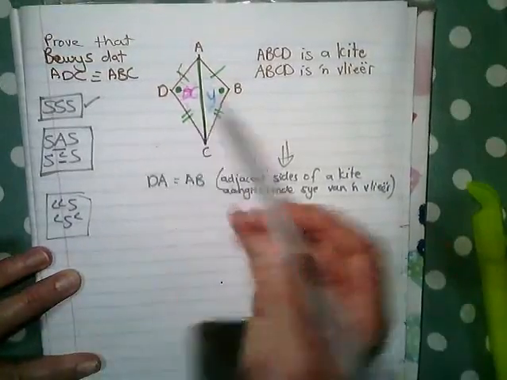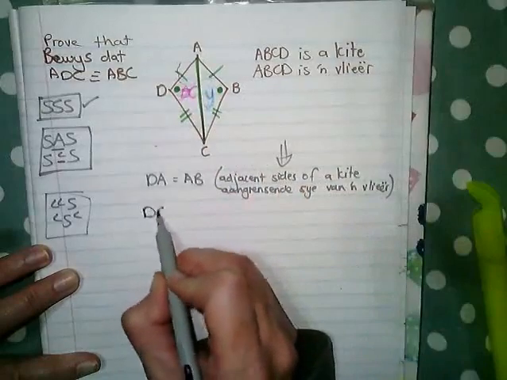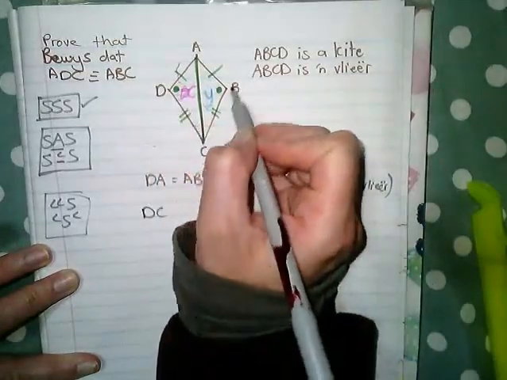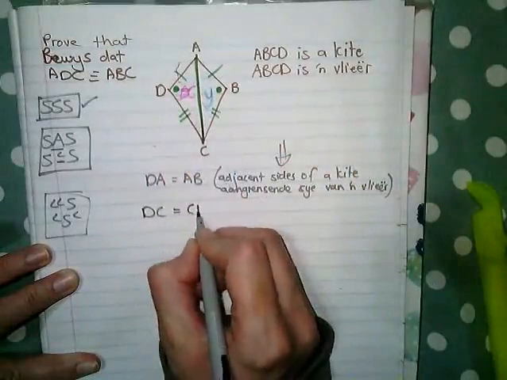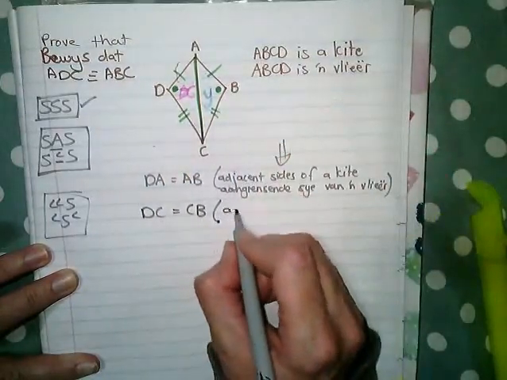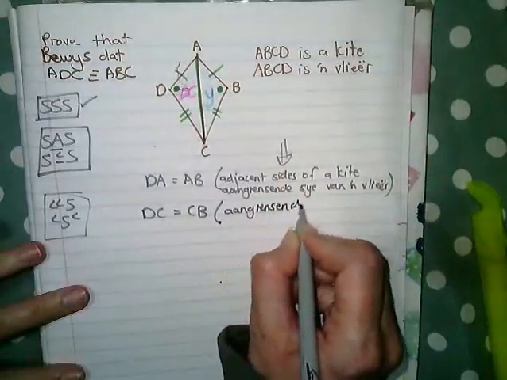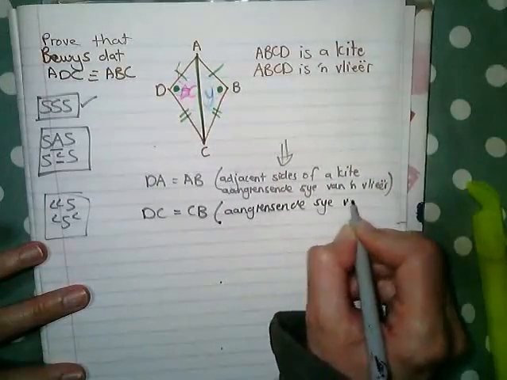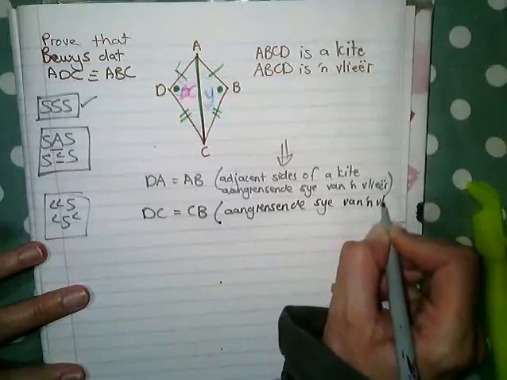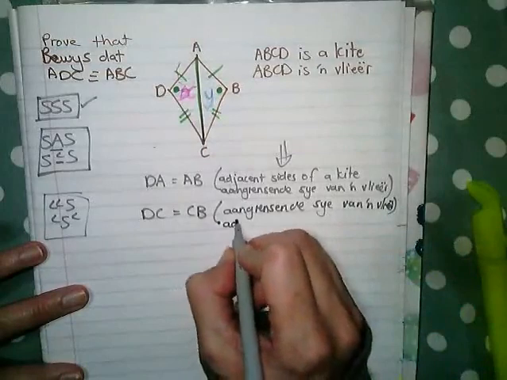Dan, DC, daai ene is gelyk aan daai ene, CB. Hoe weet ons dit? Ons ken die eienskappe van 'n vleer, en ons weet dat aangrensende sye van 'n vleer, daai twee aangrensende sye van 'n vleer is gelyk. So, those two are adjacent sides of a kite.